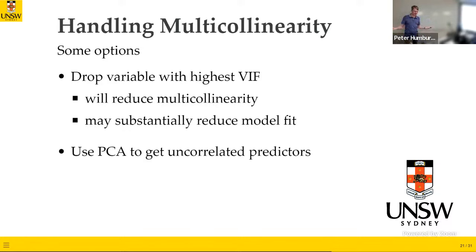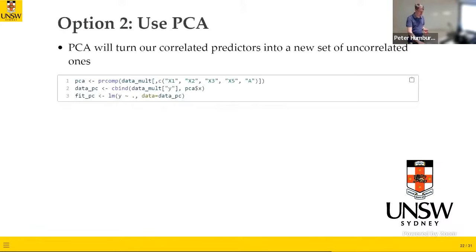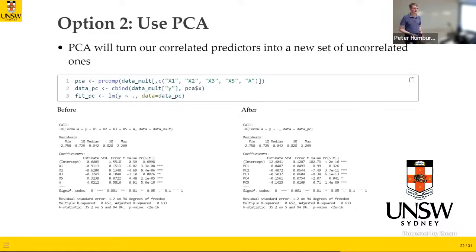So no multicollinearity. And I mean, you can do that easy enough. And you can fit a new model where the model has your principal components as predictors rather than your original variables. And there's no multicollinearity. So these coefficients, they're fine.